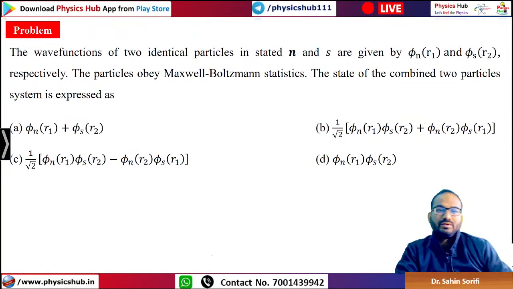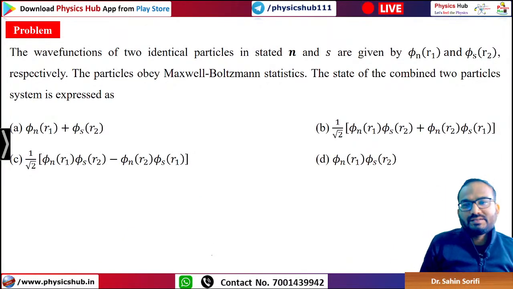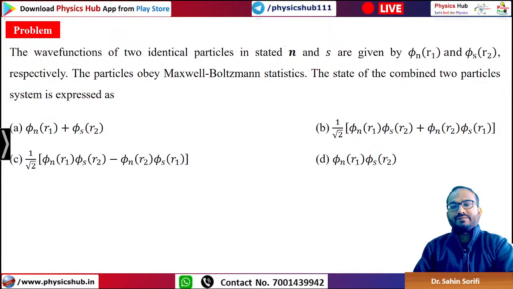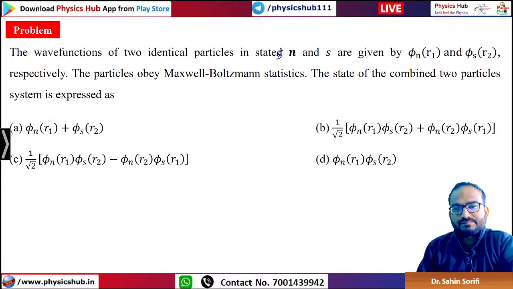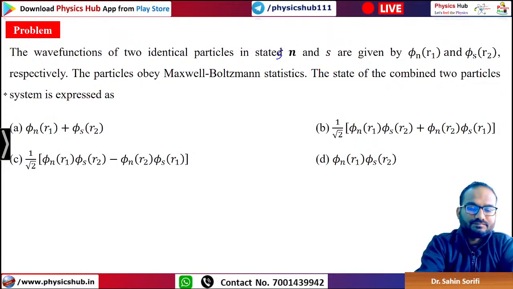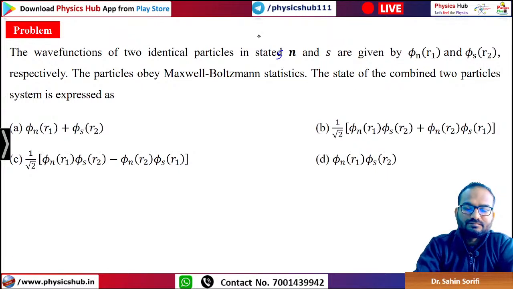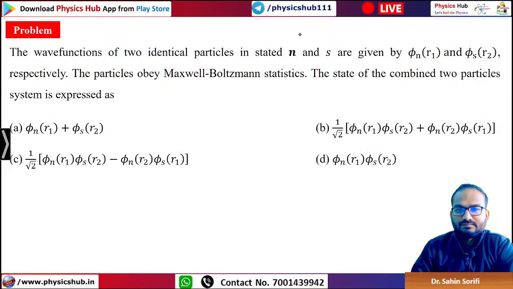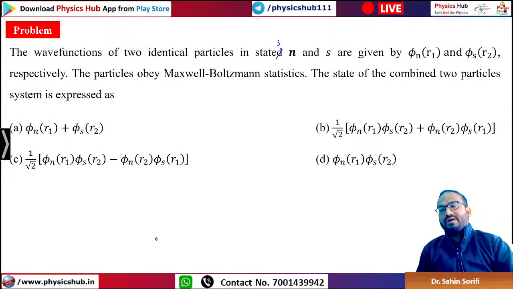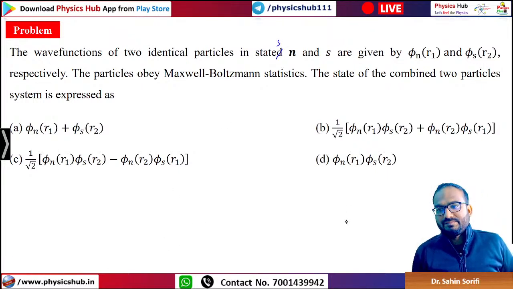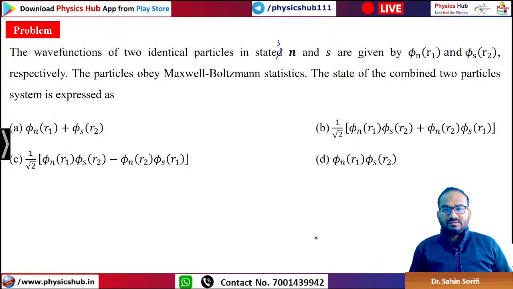Give it a try. The wave functions of two identical particles in states n and s are given by phi n of r1 and phi s of r2 respectively. The particles obey Maxwell-Boltzmann statistics.